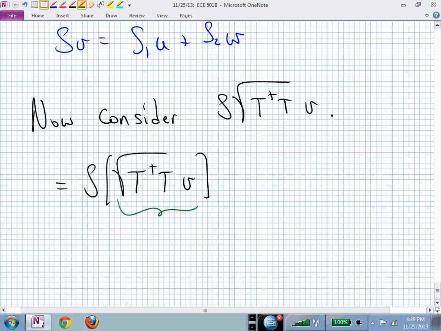So now we have S operating on positive square root of T dagger T V. As a vector, where does this positive square root of T dagger T V live? It's in the range of that operator, isn't it?